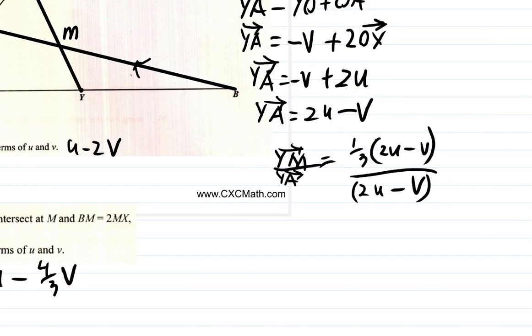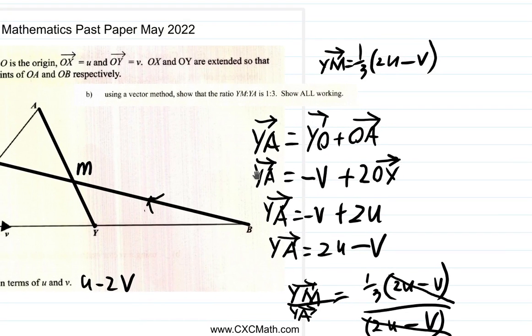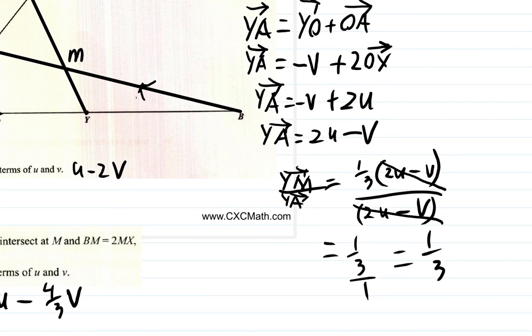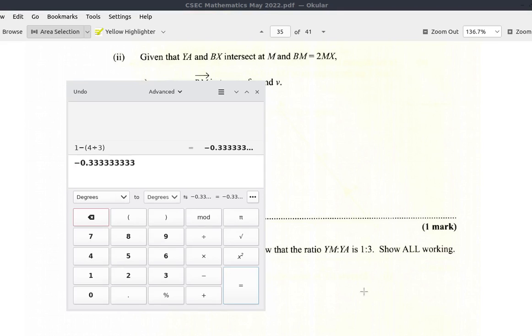Now, if you cancel 2u minus v, then you get 1/3 divided by 1, 1/3 over 1, which is 1/3. And what did it say you should show? That YM to YA is 1 to 3. So, therefore, when you do the calculation, YM to YA in that case would be 1 to 3, because 1 to 3 is the same as 1/3, right? You write it in ratio form.